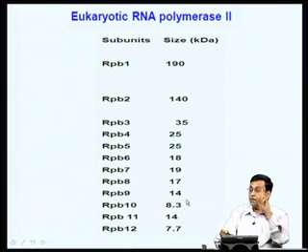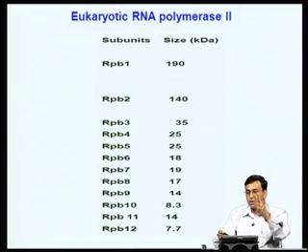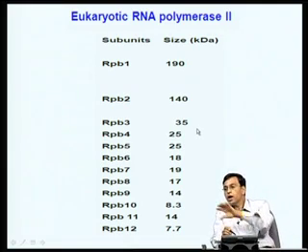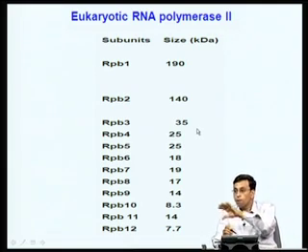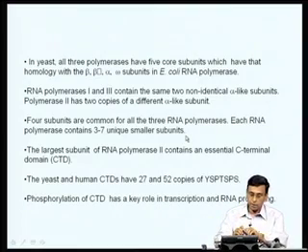The E. coli RNA polymerase core enzyme had only 2 alpha and 2 beta subunits, whereas the purified RNA polymerase II had at least 9 to 12 different subunits, as I showed here, each with a different molecular weight. This clearly told us that the eukaryotic RNA polymerase is much more complex than the prokaryotic RNA polymerase, and has many more subunits than its prokaryotic counterpart.